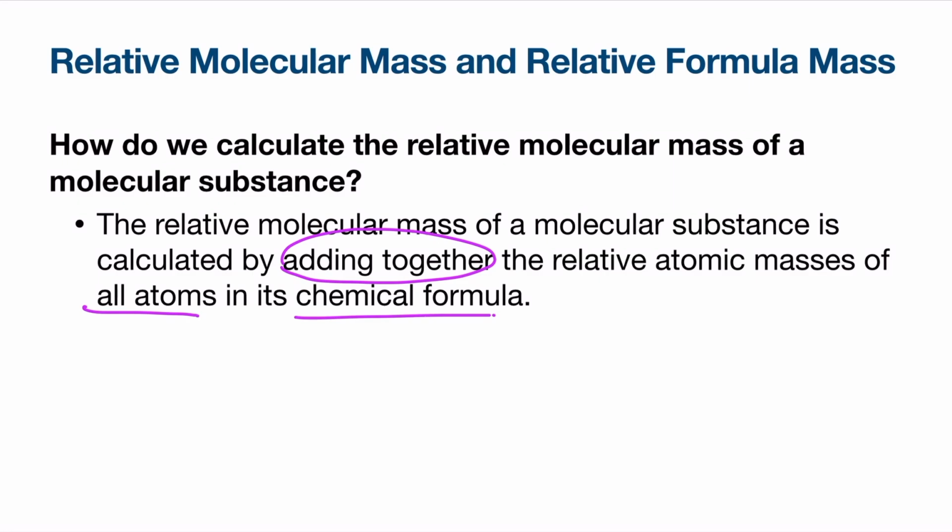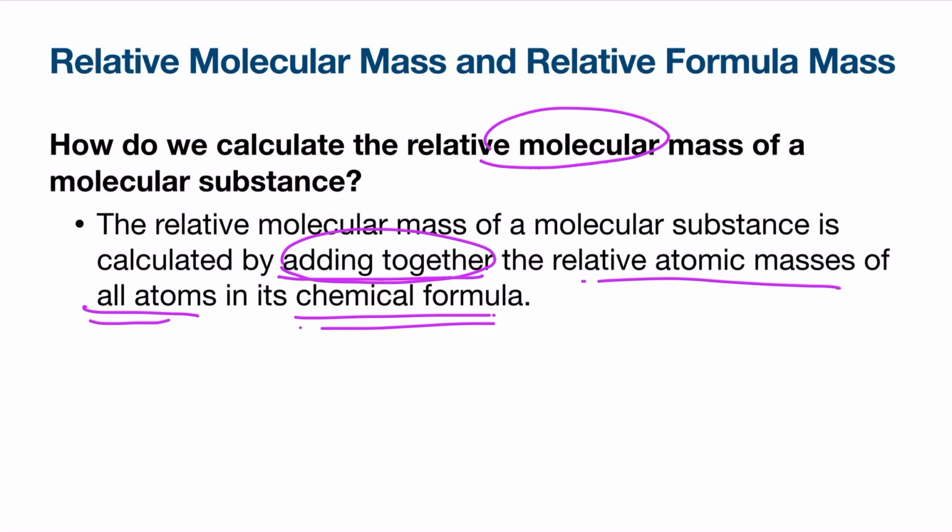But this time, since we're talking about a molecule of an element or a compound, which is composed of two or more atoms of an element, then to get the relative molecular mass, we will be adding together the relative atomic masses of all atoms in its chemical formula.